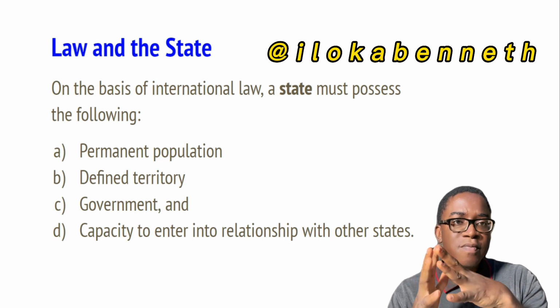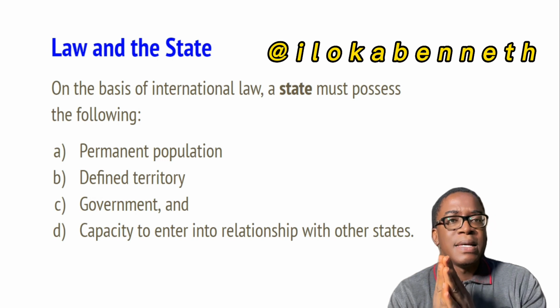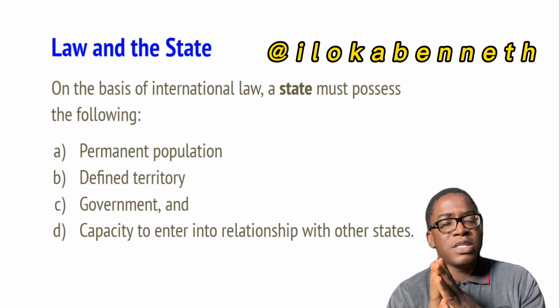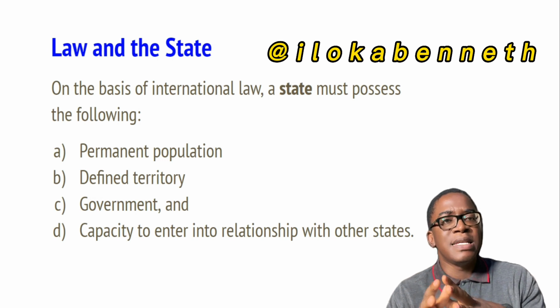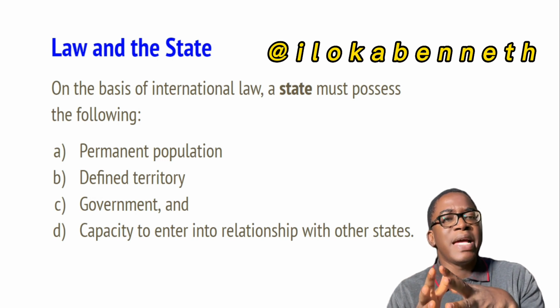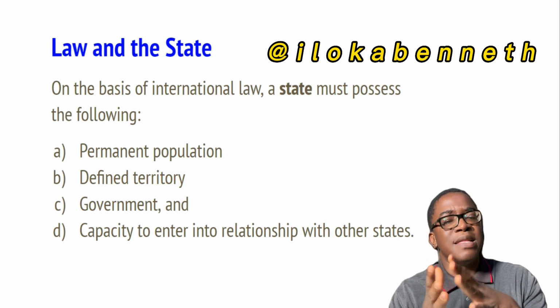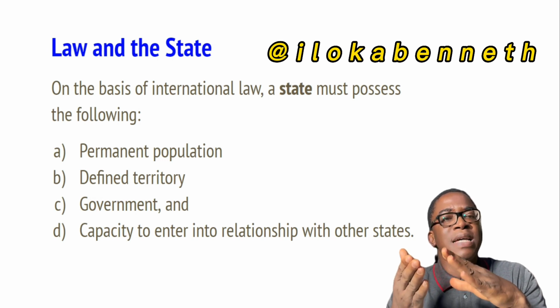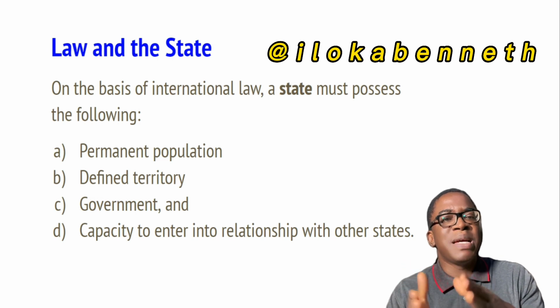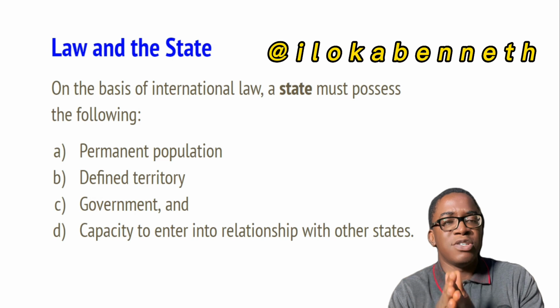However, when we look at states like Palestine, where some states recognize Palestine and some don't, then their ability to enter into relationships with other states is limited. Such limitation hinders the overall acceptability of that state as an independent and sovereign state as compared to Nigeria, where there is no such limitation. Are you getting the point?